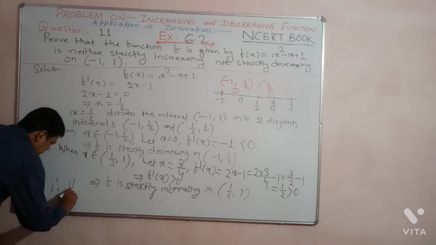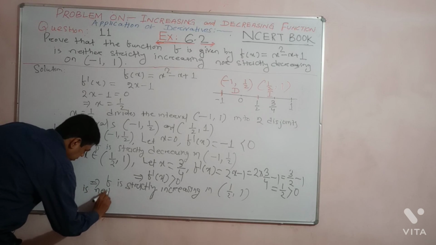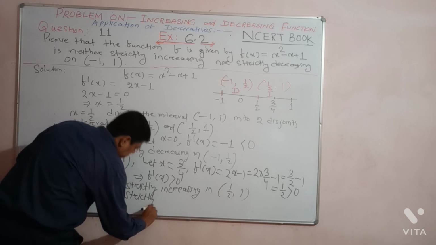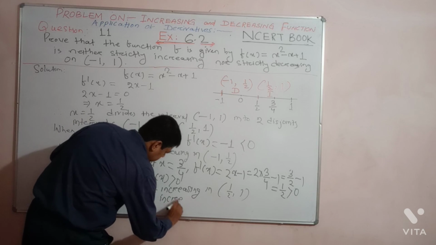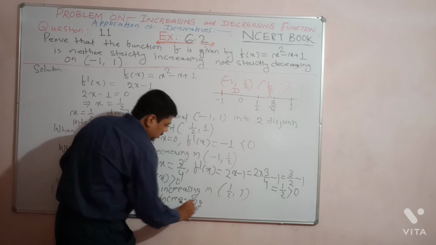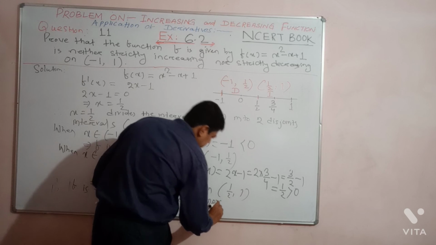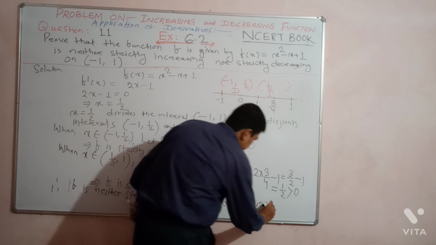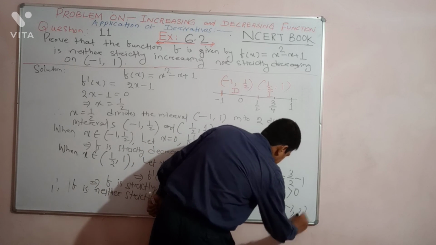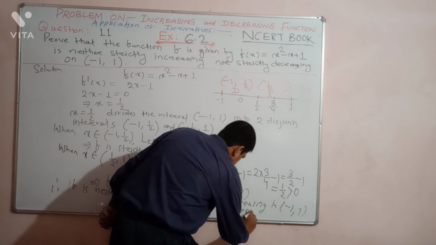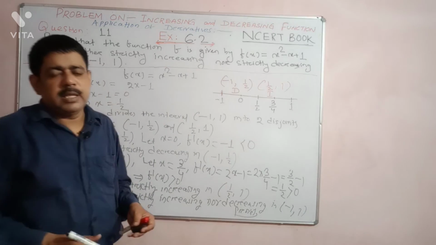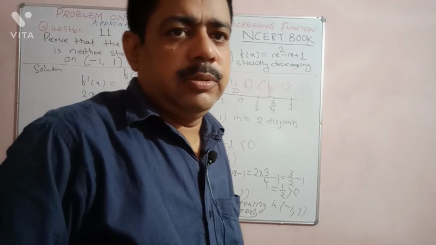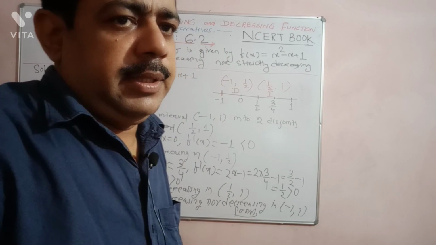Hence f is neither strictly increasing nor strictly decreasing in the interval (−1, 1). Thus it is proved. Is it clear?